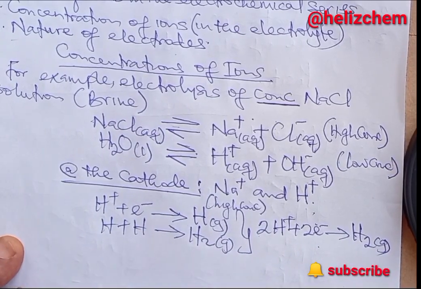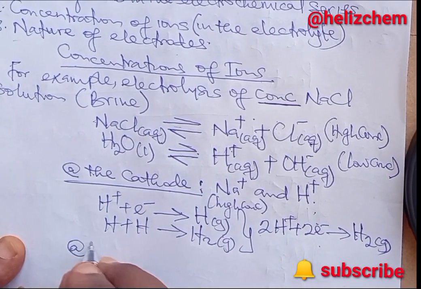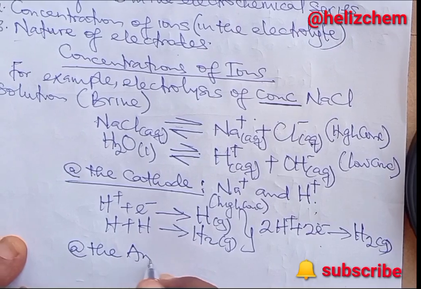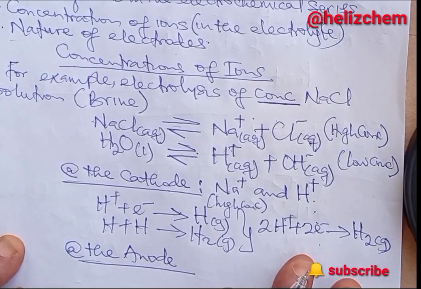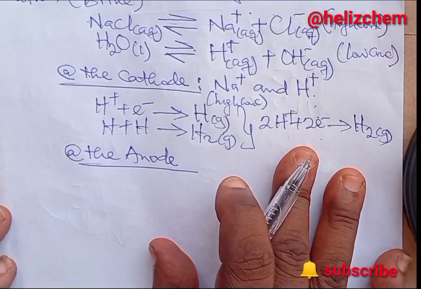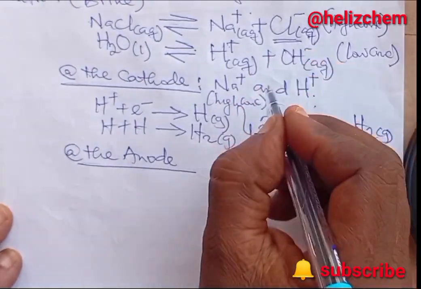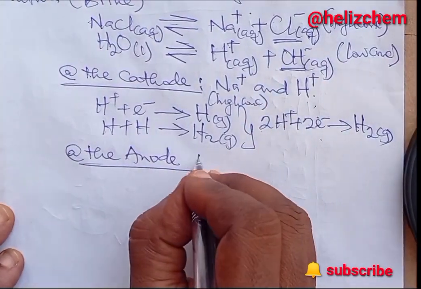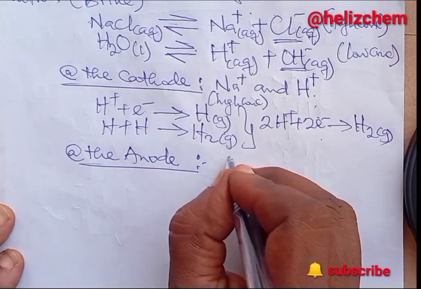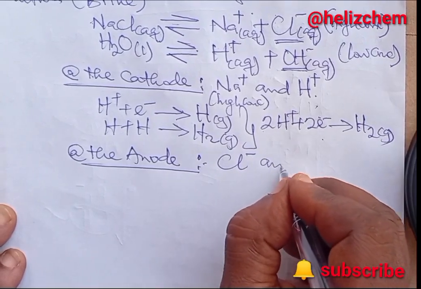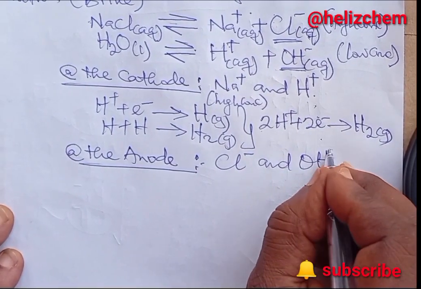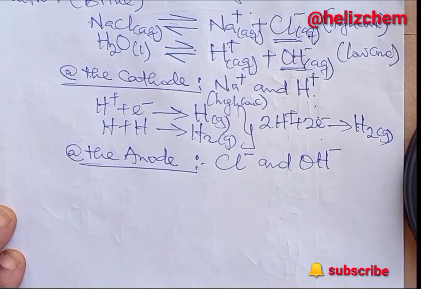But at the anode, let us see what happened at the anode. At the anode now, these two ions will migrate to the anode. We have chloride ion and what? Hydroxide ion.